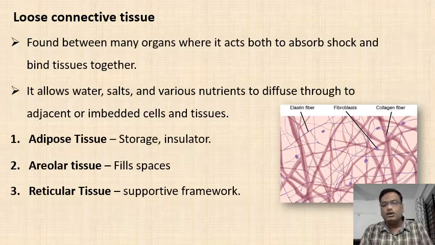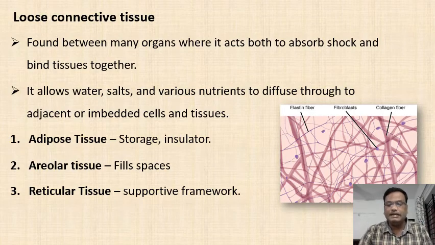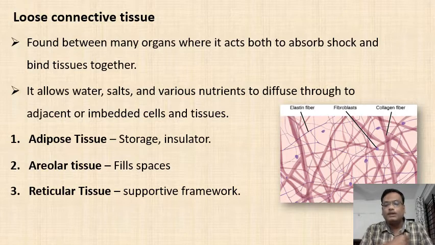Therefore, we can consider the loose connective tissue as a binding tissue which is responsible for the proper structure of different organs in our body, whether it is kidney, liver, heart, whatever it is. In all these places, we find this loose connective tissue, and we mainly find it below the skin. This loose connective tissue allows water, salts, and various nutrients to diffuse through to adjacent or embedded cells and tissues.